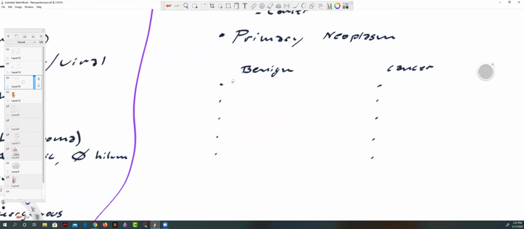The benign are the lipoma, which is, of course, fat tissue, or a neoplasm from fat. The leiomyoma, which is smooth muscle in origin. I'm just going to put smooth.